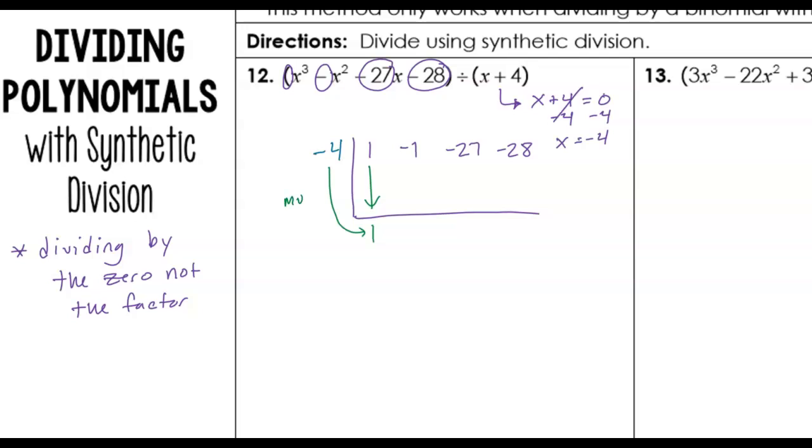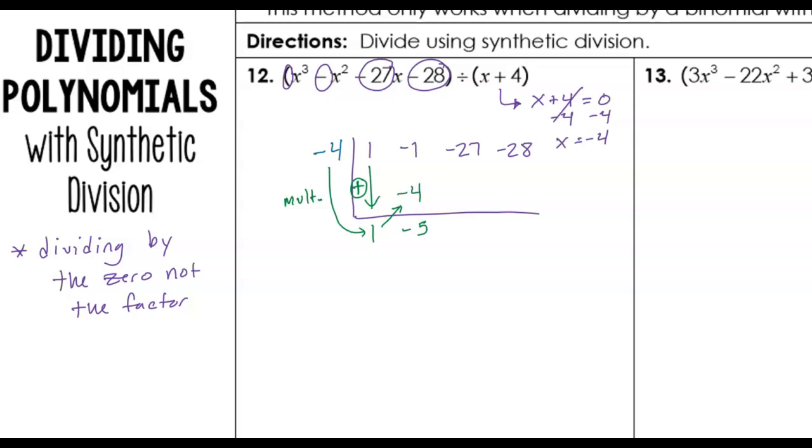Multiply. -4 times 1 is -4. And you place it inside the division house in the next slot. And then you are adding inside of your division house. So -1 plus -4 is a -5.